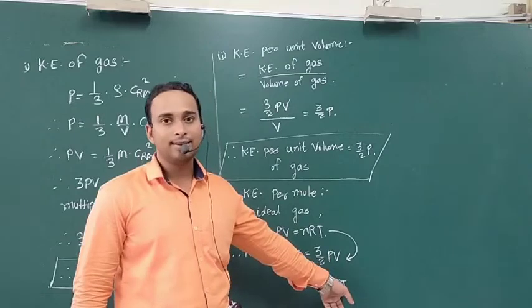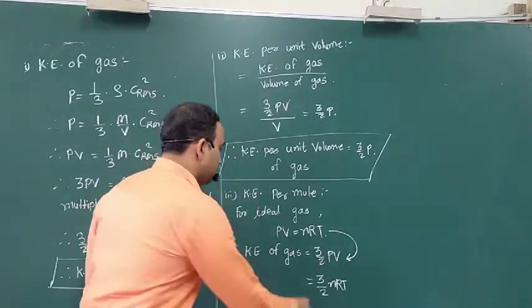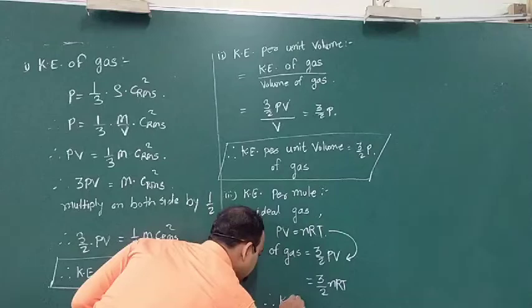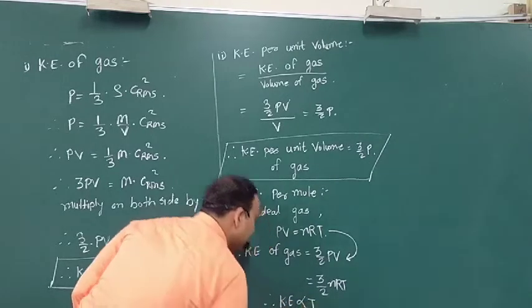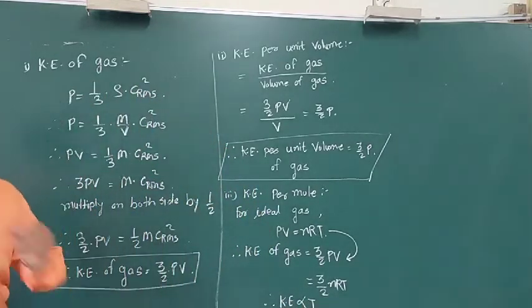R is the universal gas constant. Therefore, from this we can write kinetic energy is directly proportional to T.